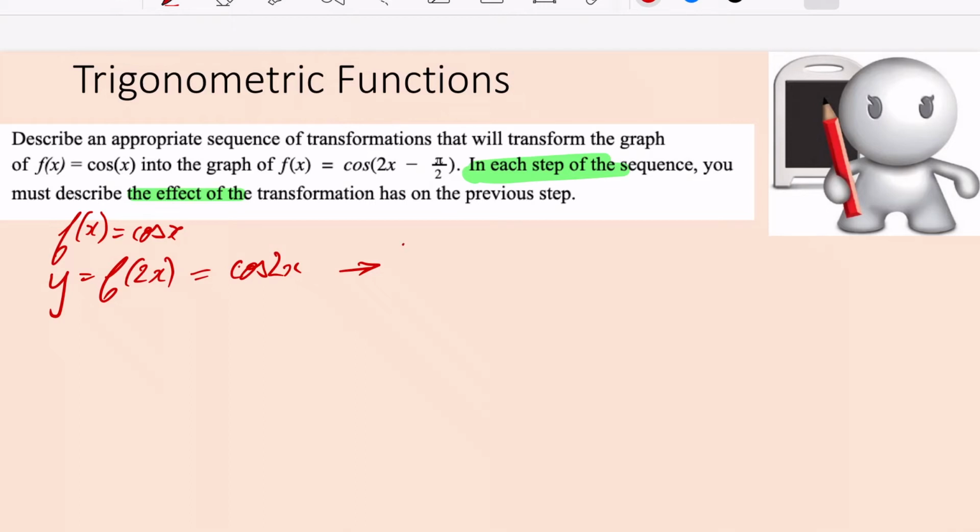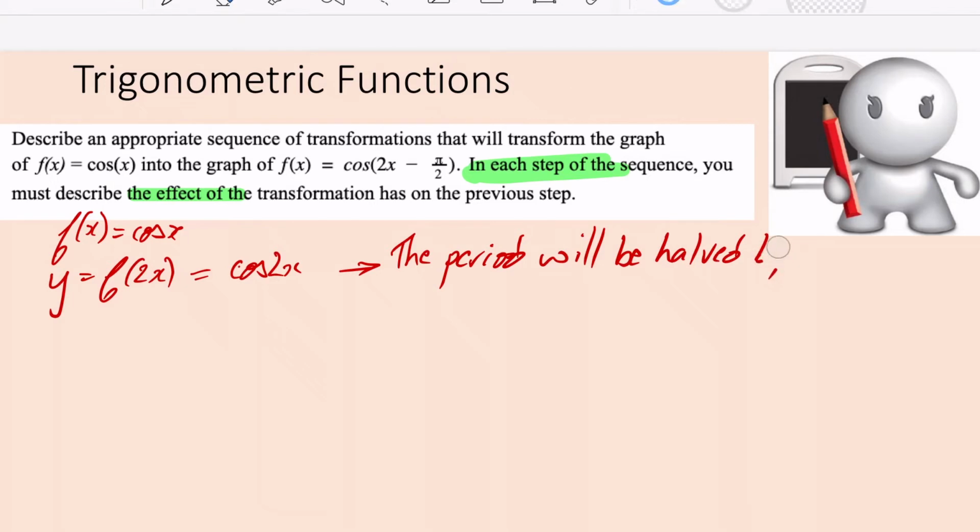So the period will be halved to pi. All right. Okay, and once again, that links into the previous question and also with question 2.